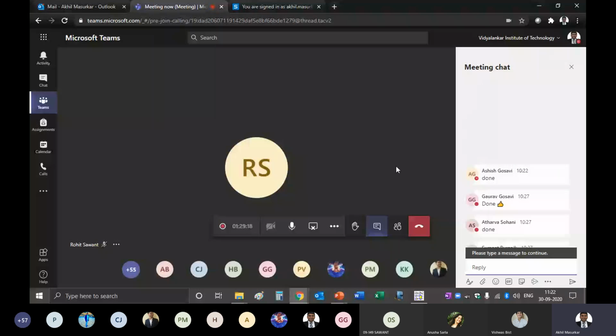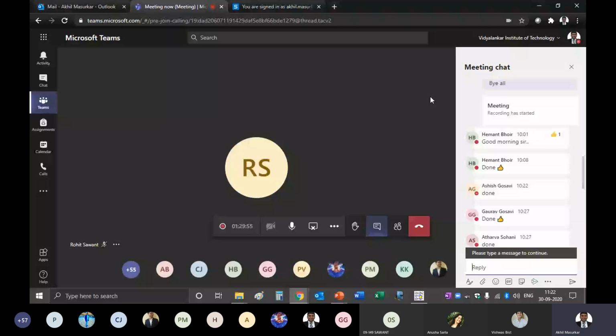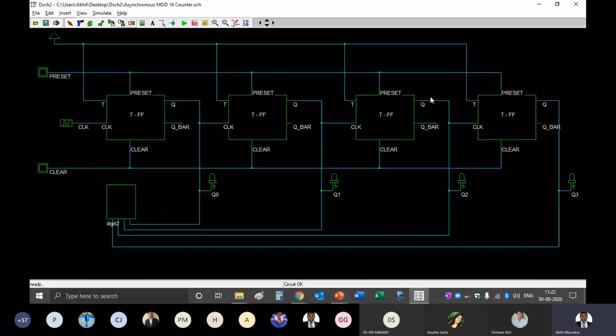Okay, Shubham, let me check. Okay, good. Suman, very good. Those who are not able to make this quickly, I have just put that schematic file there. You can see that asynchronous file. You can just open it and check for yourself whether this thing works properly or not.